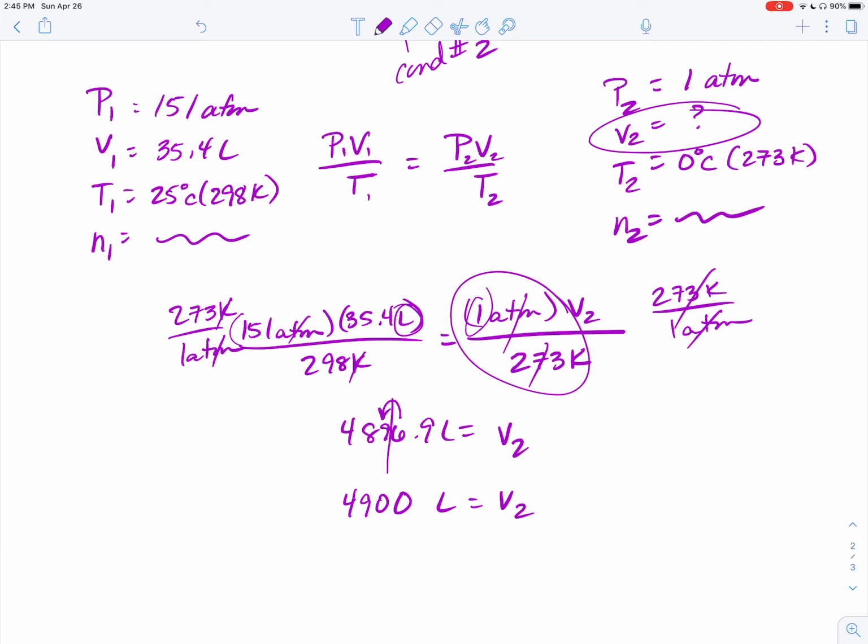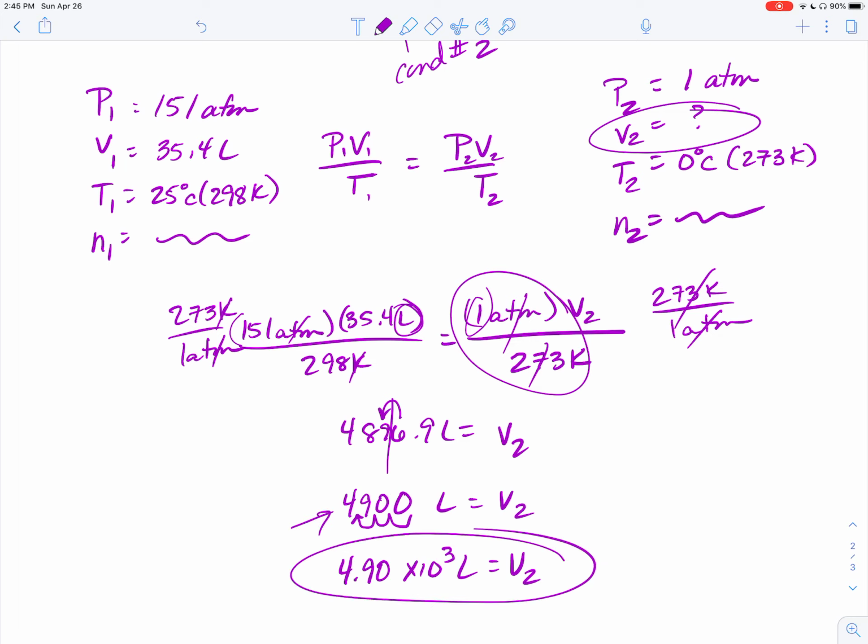So what I'm going to do is move this decimal 3 times to the left and make this 4.90 times 10 to the third liters. That will give me a value that's equivalent to this, but in 3 significant digits. So this is how you use standard temperature and pressure. It's nothing other than a set value for pressure of 1 atm and temperature of 0 degrees C.